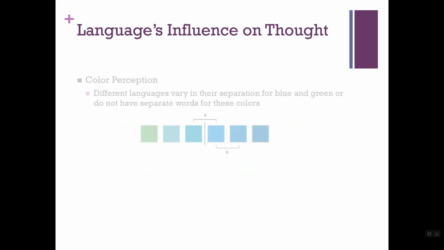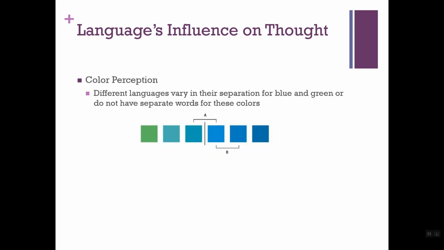Describe our own personalities. And finally, there are some other interesting influences of language on thought, in terms of things like color perception. Different languages can vary in the way they separate blue from green, or maybe they don't have separate words for these colors. That's going to influence the way they think about this array of colors.